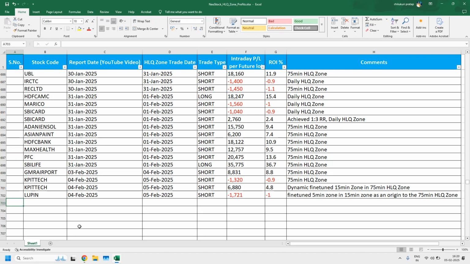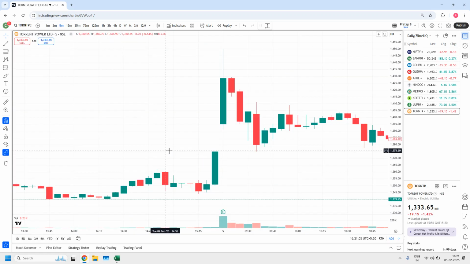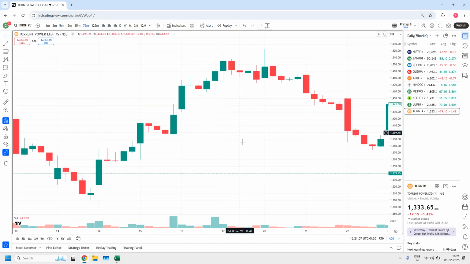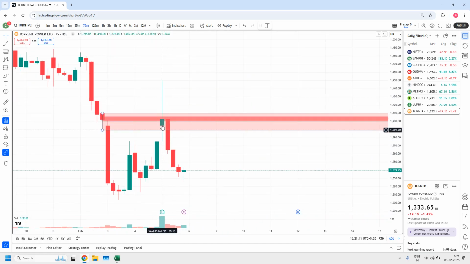There is one more trade that is stopped out, but we didn't take the trade. We can't take the trade. What is that? The Torrent Power. This is also a 75-minute high liquidity zone. See, this is the one stopped out. After that it again came down.